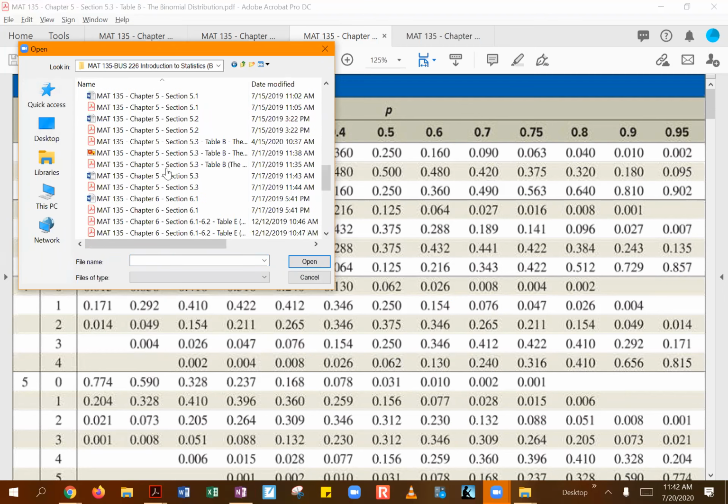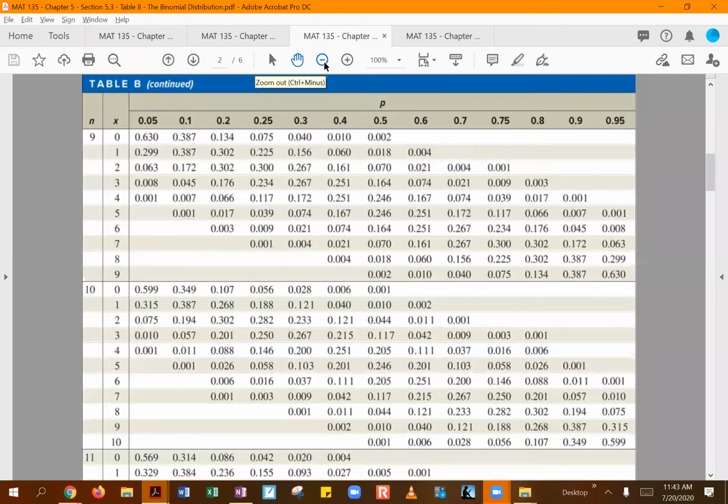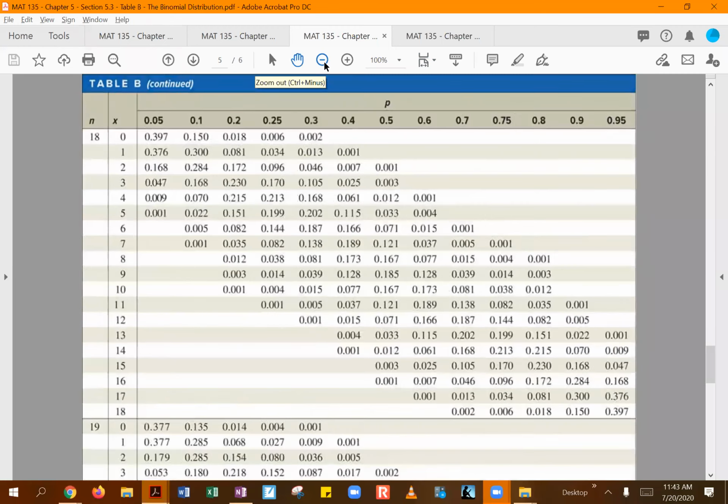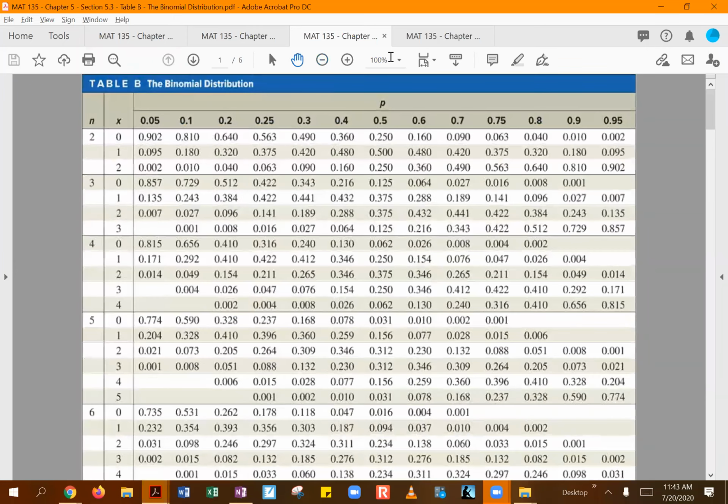This file has the entire table that you need for this binomial distribution. Hopefully you should be able to download this on your end. If anybody is unable to download it, let me know. It should have 6 pages for the different calculations, and of course, we'll look at these examples. Just make sure you are able to get that table, okay?